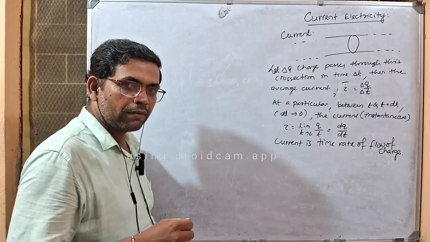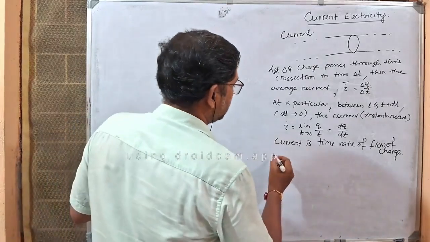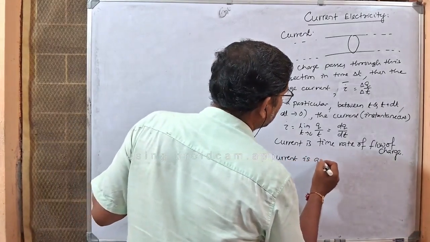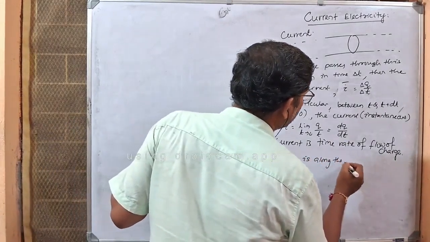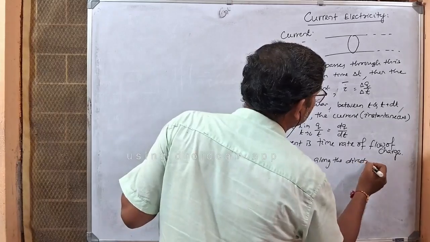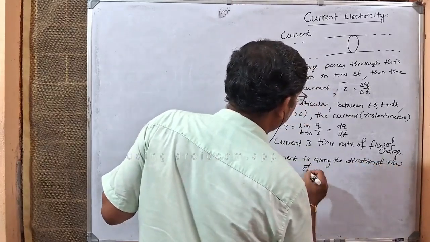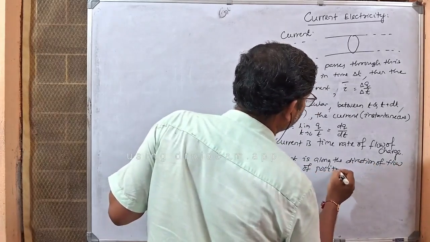Then, what's the direction of current? Current is along the direction of flow of positive charge.